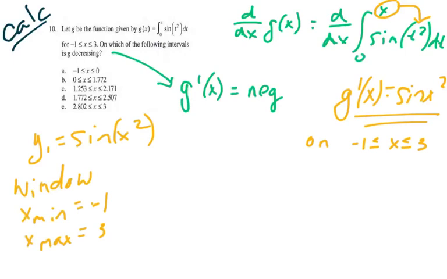Make sure it's the x that's being squared, not the entire sine function, so x squared should be within those parentheses. You also want to change your window: go to the window button and change your x minimum to -1 and your x max to 3, because that was the interval we were told to look at.